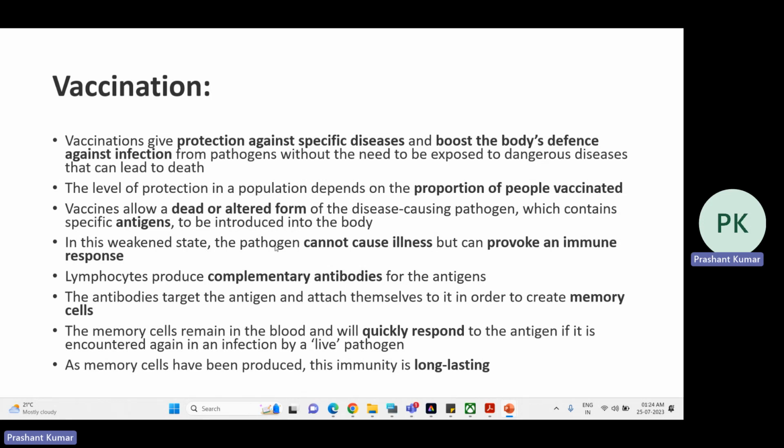In this weakened state, the pathogen cannot cause illness because it is dead, but it will provoke the immune response. That means your lymphocytes will produce antibodies against the antigen, and the antibodies targeting the antigen form memory cells, and these memory cells will remain in the body for a quicker response in future, which will maintain long-lasting immunity.